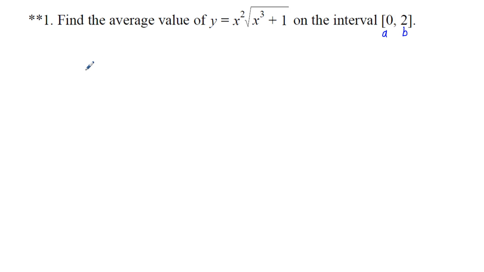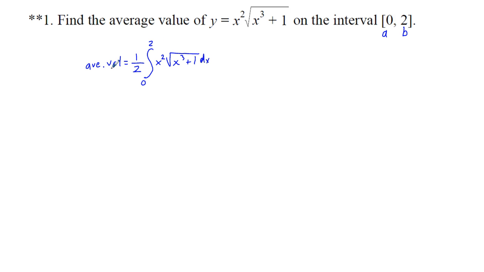So our average value is going to be equal to 1 over b minus a, which is going to be 1 over 2, times the integral of the function, which is x squared times the square root of quantity x cubed plus 1 dx, integrated with the limits from 0 to 2.